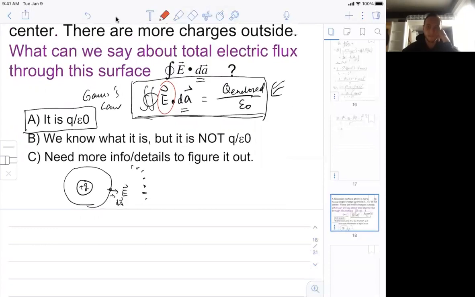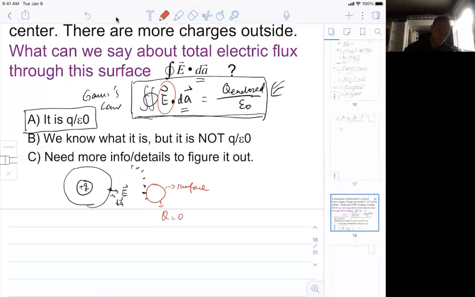In that case, you would just have a zero flux, which is also fine. So for example, if I enclose a surface here, you can see it's outside of my charge. I'm enclosing zero charge. So Q enclosed here is zero.